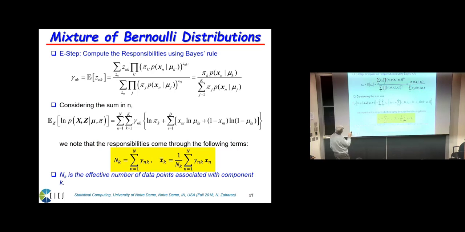And if you then keep this constant, plug it in there, and take derivatives with respect to the pi's and the mu's, you get similar results to what we had before. So N_k comes out identical to the Gaussian case. I'm not surprised there.